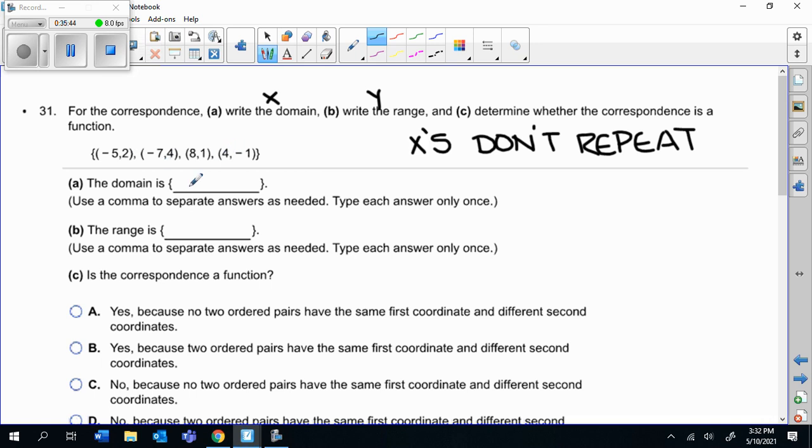So I want to order those from small to big: -7, -5, 4, and 8. And my range is -1, 1, 2, and 4. And yes, it is a function because the x's don't repeat.